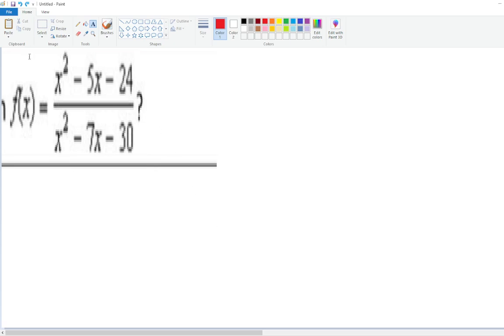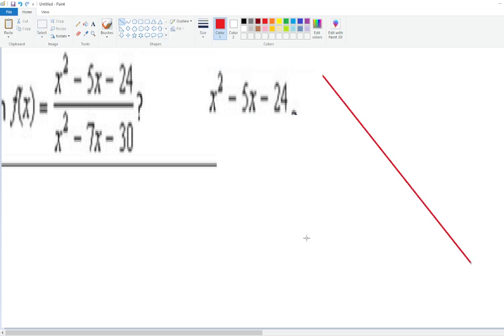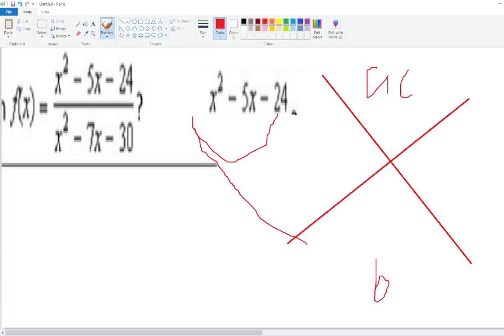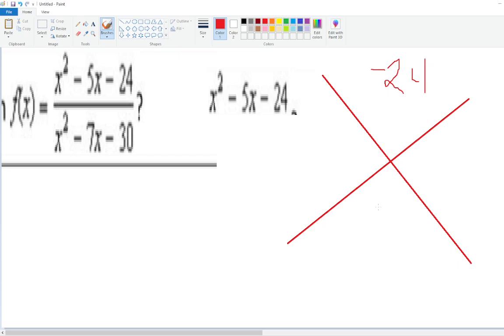So it means we have to factor, and we should factor top and bottom. Up top, we're looking for a number that multiplies out to minus 24 and adds up to minus 5. That's how we factor. We look at A times C, and we're looking for what adds up to B. Well, A is 1, so really we're just looking at C, and what adds up to B, which is minus 5. That means the factors are going to be 5 apart, and there aren't many factors that are 5 apart. 24 and 1 we know is too far apart, and 8 and 3 is too close.